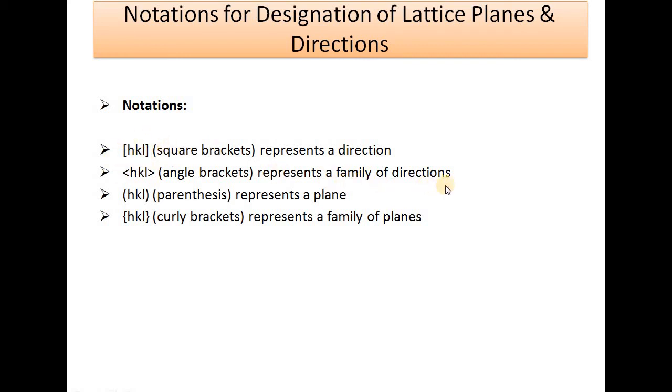In the case of a family of directions, the Miller indices have been enclosed in angle brackets. In the case of a crystallographic plane, the Miller indices have been enclosed in parentheses. And in the case of a family of planes, the Miller indices have been enclosed in curly brackets. So these are all the notations used to designate various lattice planes and directions.